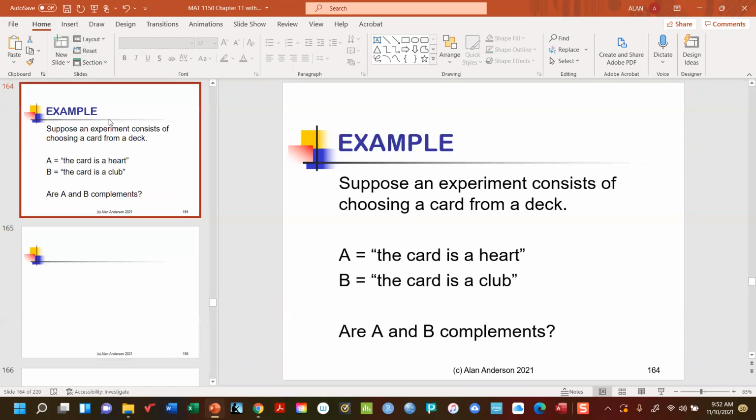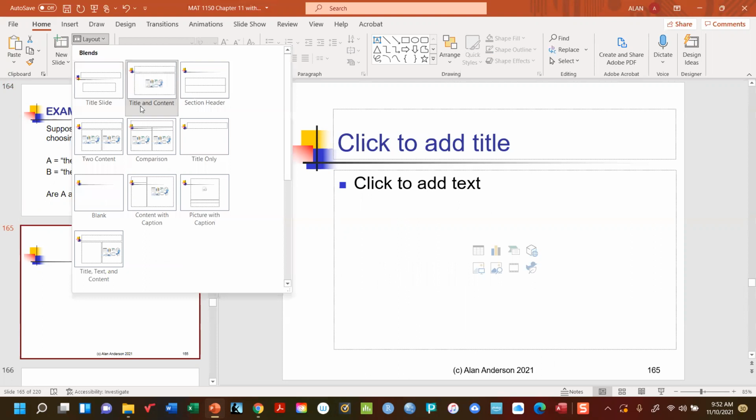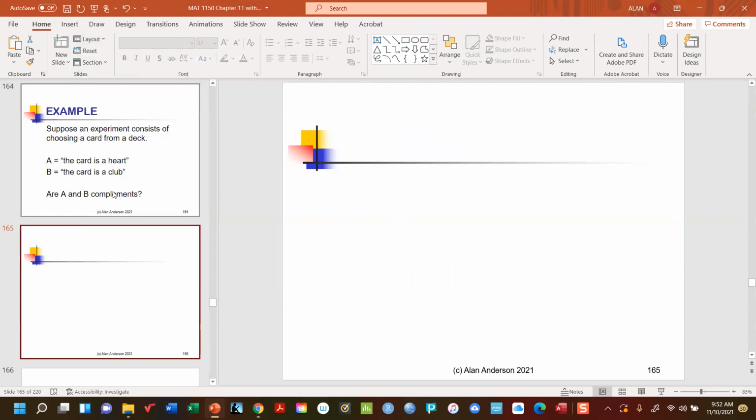Now, if you play cards, you know already that the answer is no, but let's see why. So we'll just ask ourselves the same questions that we've been asking all along. Is the intersection empty, or are they mutually exclusive?